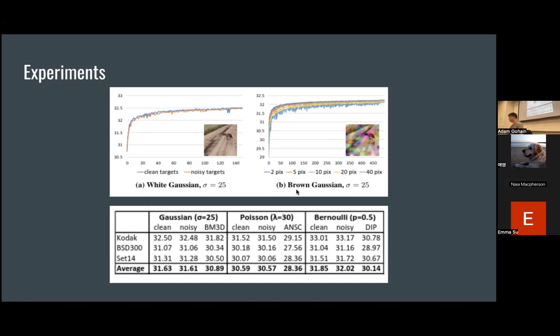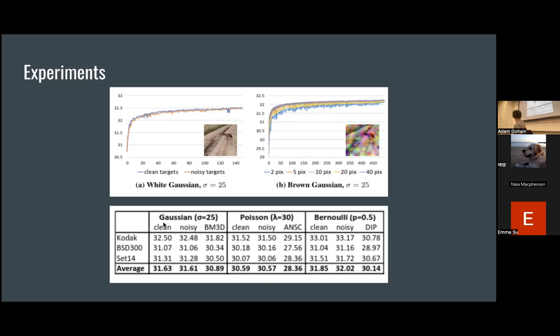If we add brown Gaussian noise, which shows some sort of relationship between the noise in different pixels, for example, instead of adding a single dot of noise, you can be adding Gaussian kernels of noise, like blotches, like shown in this image, we see that increasing the kernel size for the noise tends to slow down the model. However, it ultimately doesn't cause any decrease in the performance over time.